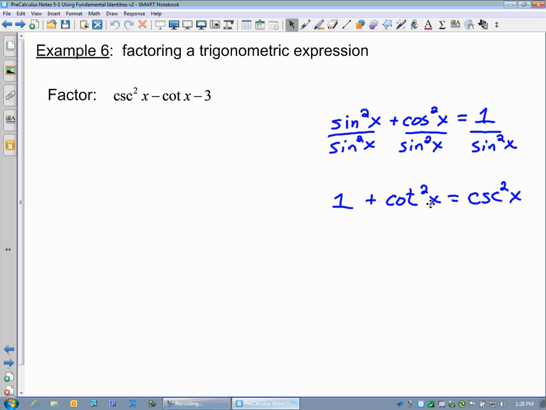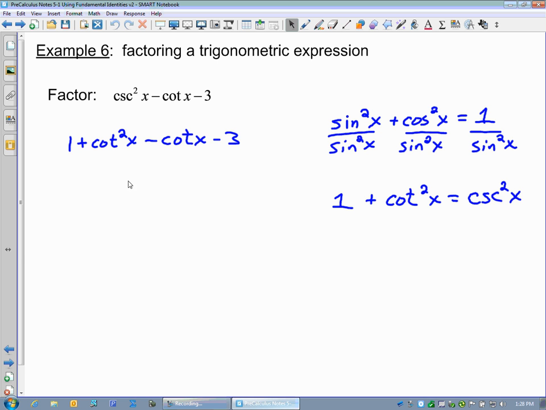Cosine divided by sine gives me cotangent. Sine divided by sine gives me 1. So this is the identity that I want. So instead of cosecant squared, I'm going to replace it with 1 plus cotangent squared, which gives me that expression.